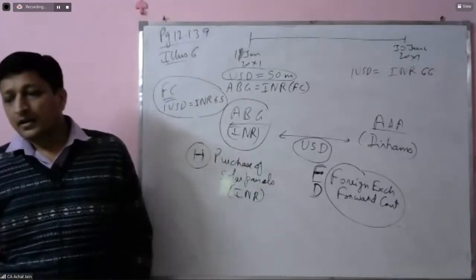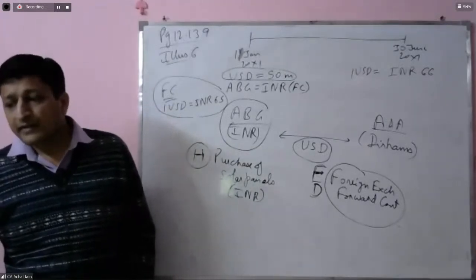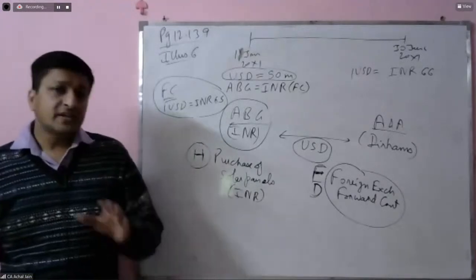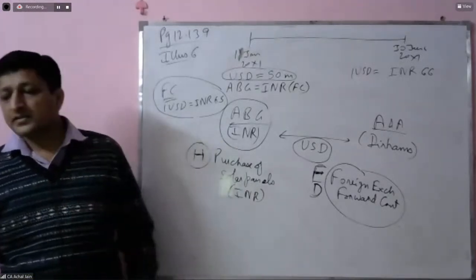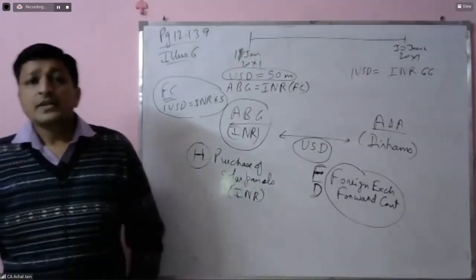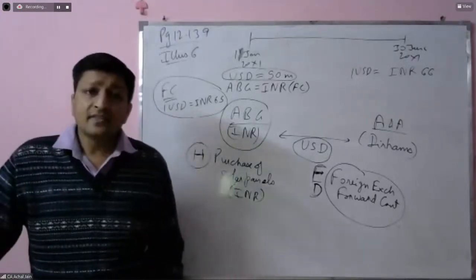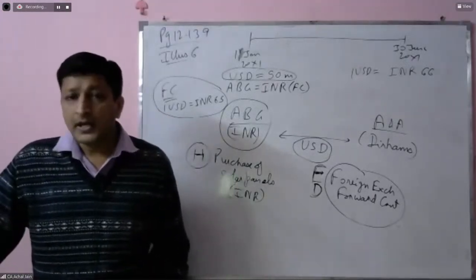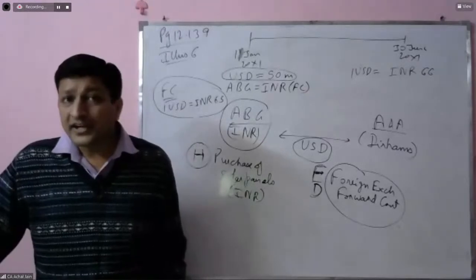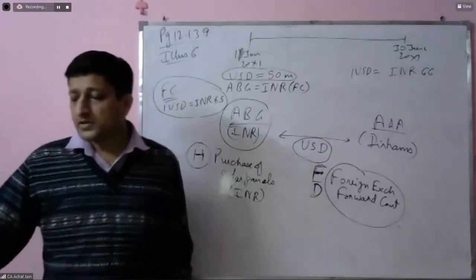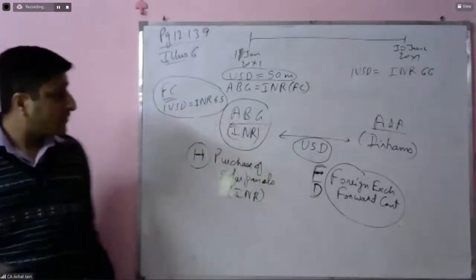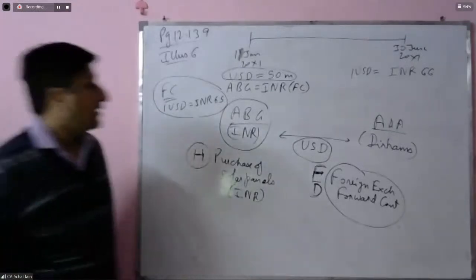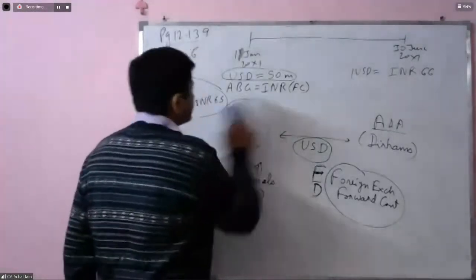On that date, the forward contract has a fair value of 0, which we'll discuss separately. Subsequently, at 30th June, what are the accounting entries that we will require to pass? So I'm just putting down the accounting entries now.